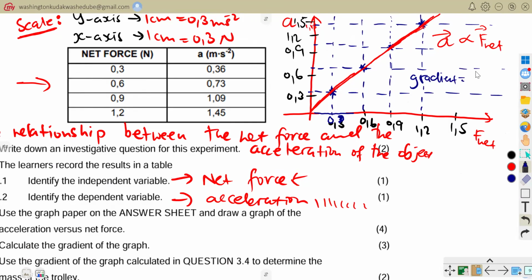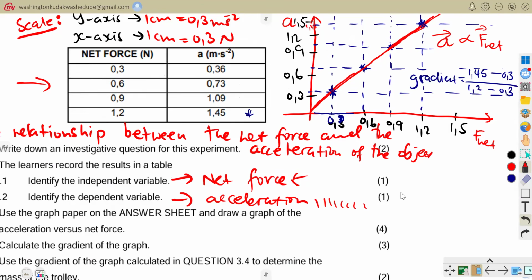Gradient would be equal to, let's say I will take this point, that is to say, the y value here is 1.45. It will be 1.45 minus the y value on this plot. I'll take this value, which is 0.3. The y value there is 0.3. Divided by, I would take the x value here, it's 1.2, minus my x value here, it's also 0.3.